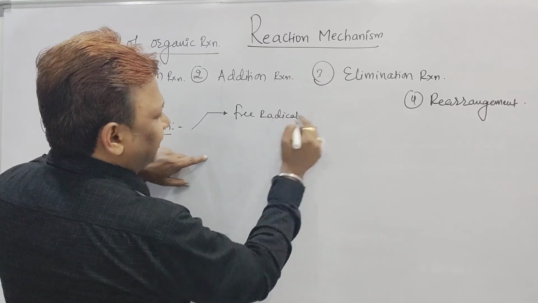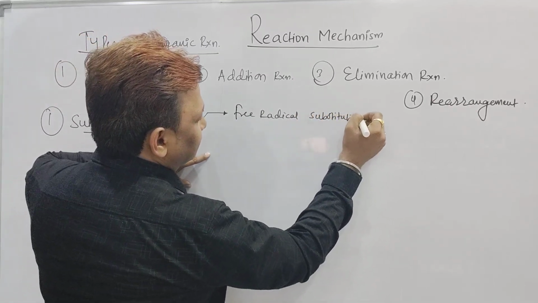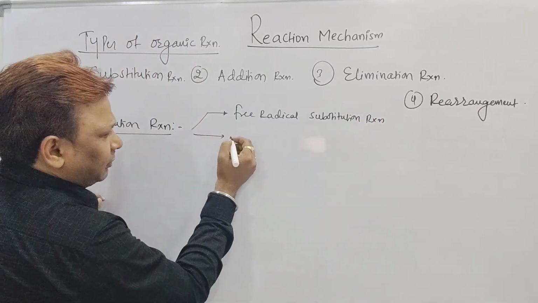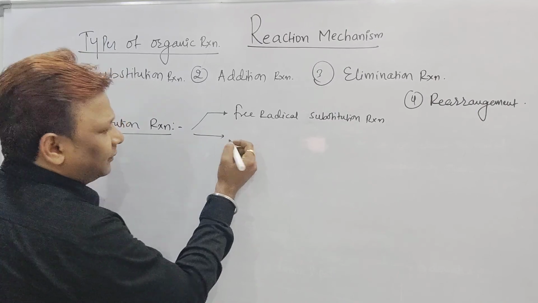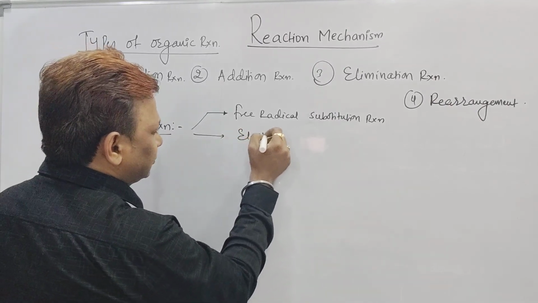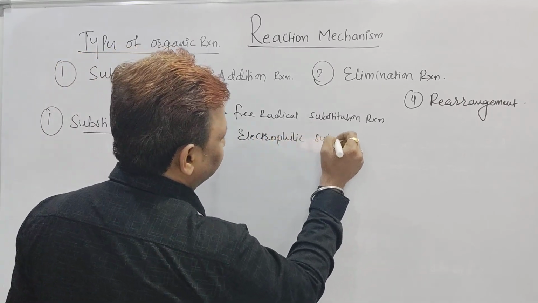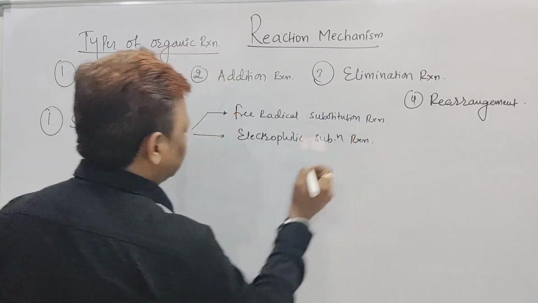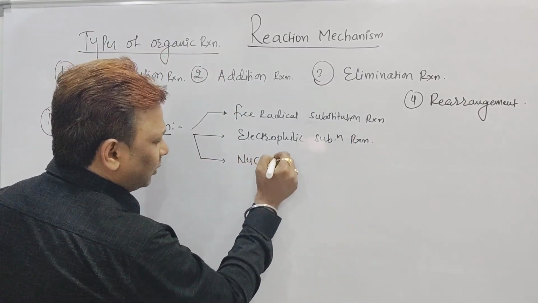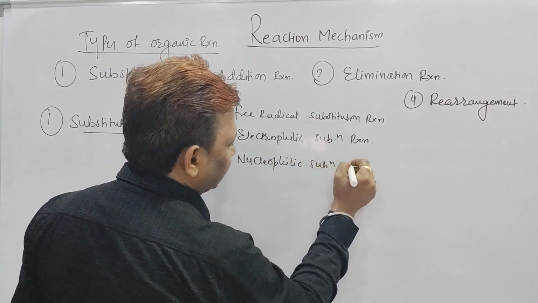One is the free radical substitution reaction. Another is the attack of the electrophile, called the electrophilic substitution reaction. And the third type is where a negatively charged species can attack over it, called the nucleophilic substitution reaction.